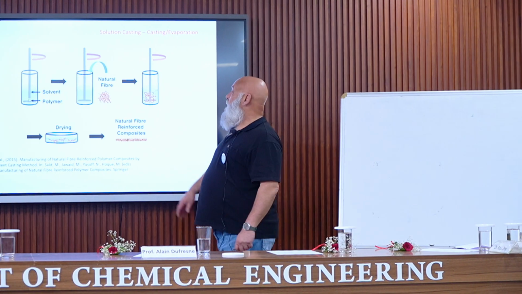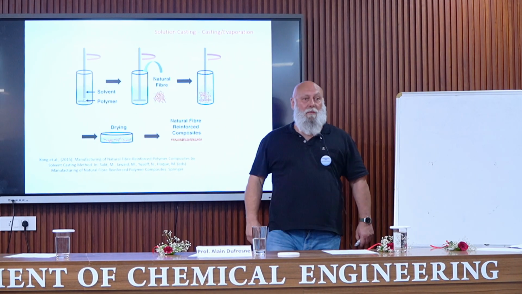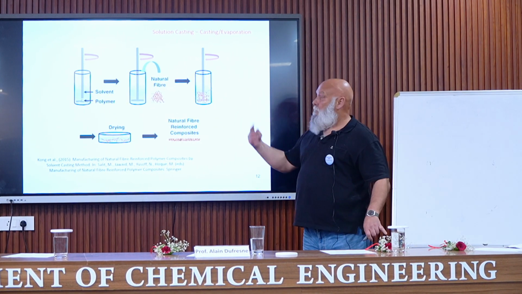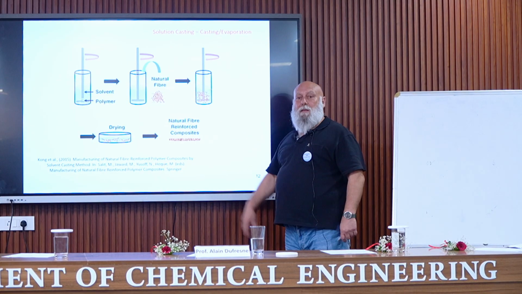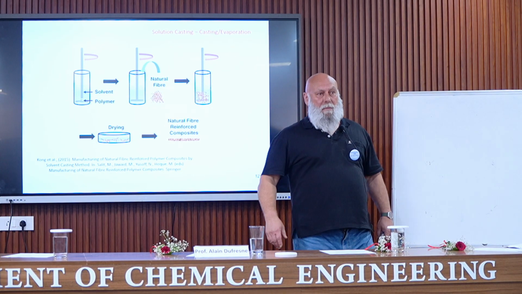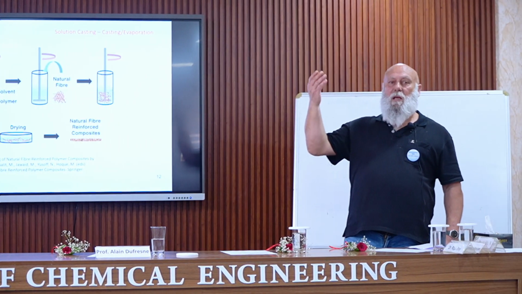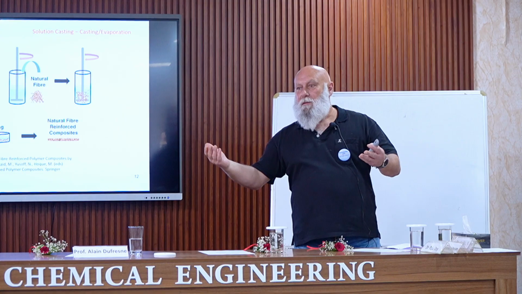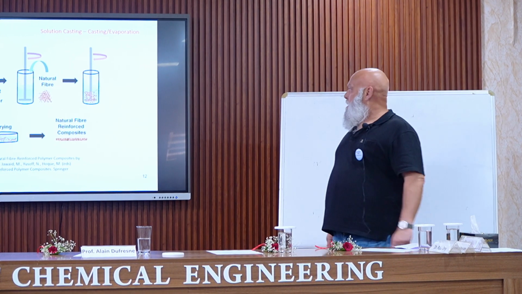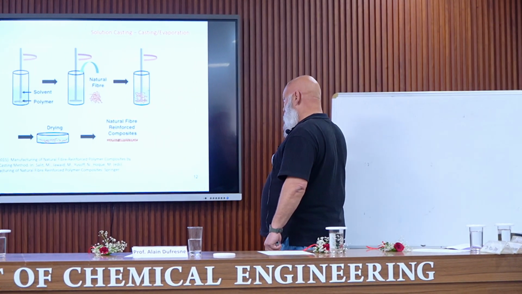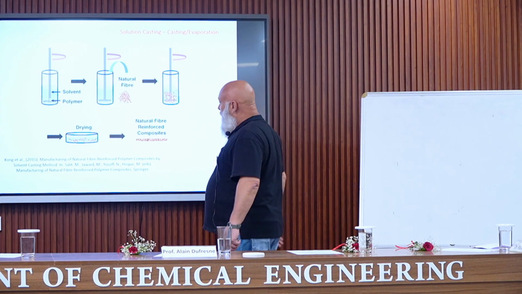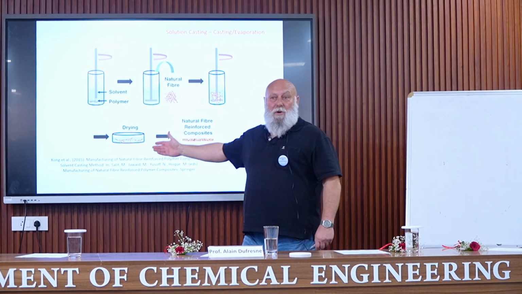So this is mixed, and then this mixture is cast in a mold, and then it is evaporated like a paint to obtain a solid composite material, a composite film. So you can see that the process is very easy and the material to be used is relatively limited.